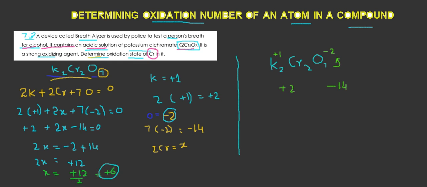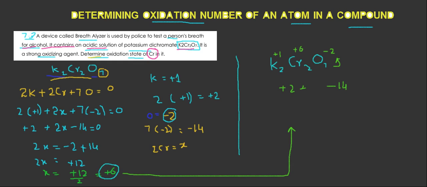And for chromium, from this we have got +6, so we can write +6 over here.